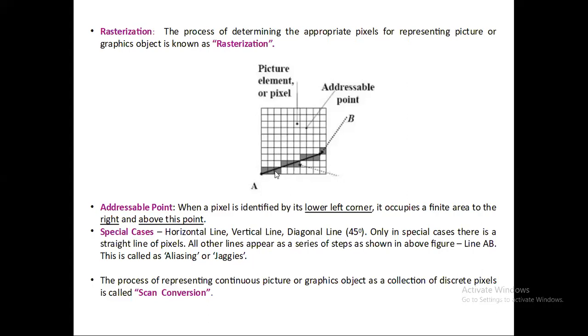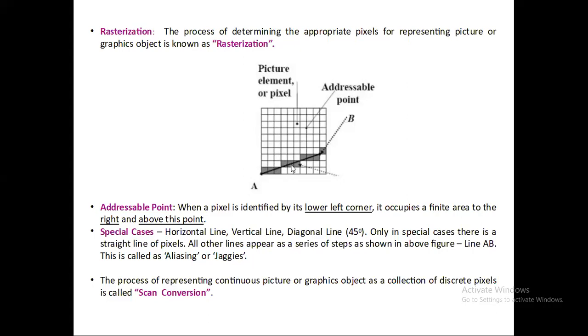So which pixel are you going to highlight? In this case, I can say that this is the addressable point for this particular pixel, which is highlighted here, because this is the point I have identified. So I will go to the right and above this point, and then this pixel will be highlighted.